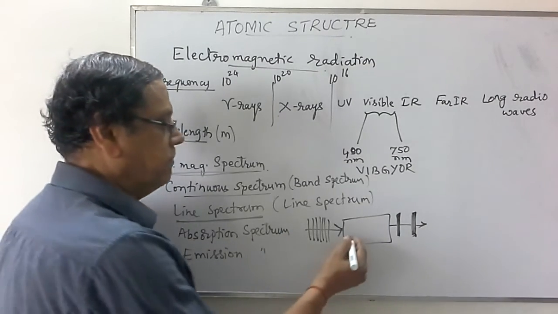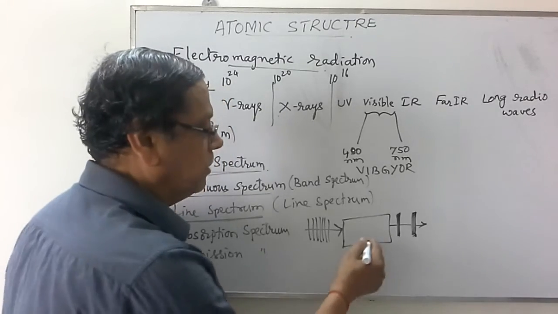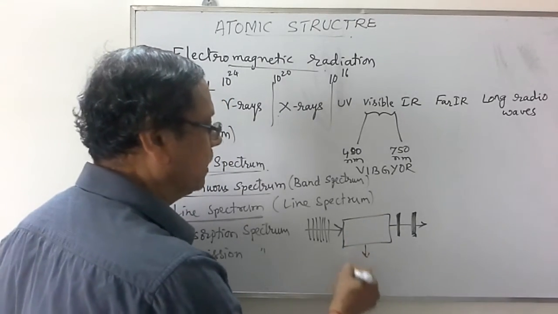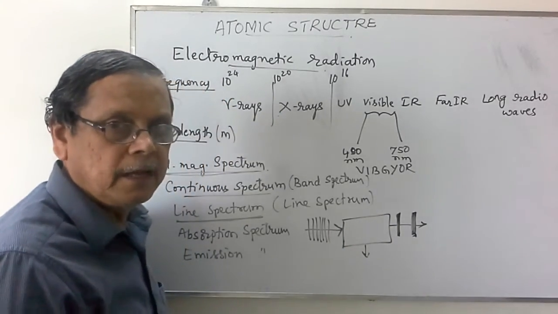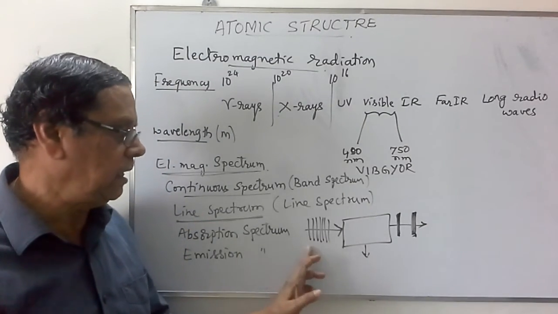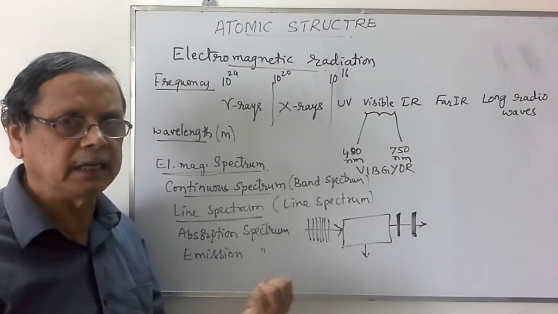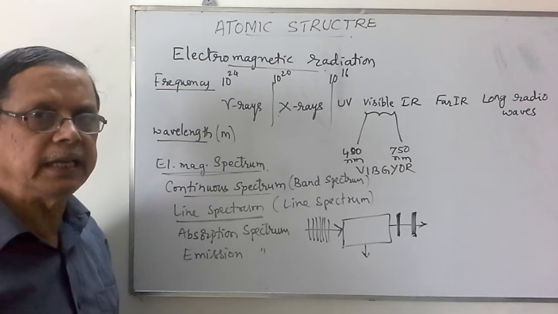But when the same material is subjected to further radiation, whatever radiation is absorbed, it will emit afterwards. Assume that we are disconnecting the source of this radiation. Then the material that has absorbed certain energy will emit the radiations.